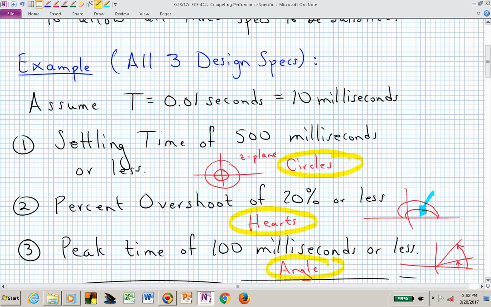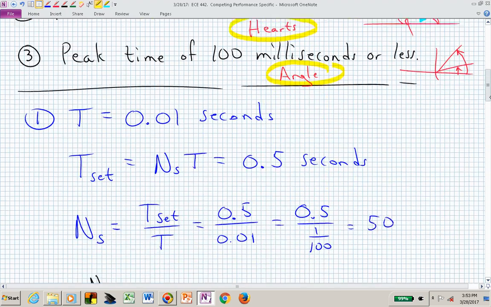But let's walk through that process and see what we might do in order to make these three geometric shapes coincide, or at least give us a collection of shapes that will satisfy all three performance specifications simultaneously.